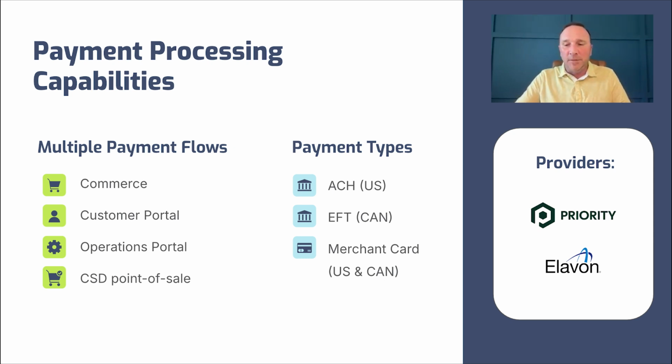And the reason that our CSD or Infor customers will do that is it streamlines the process. It allows them to take the payment and select the invoices they want to pay in one step. And then we're processing the lockbox file to apply the cash appropriately in CSD once the payment is complete. So those are payment flows that we've been doing for years now.